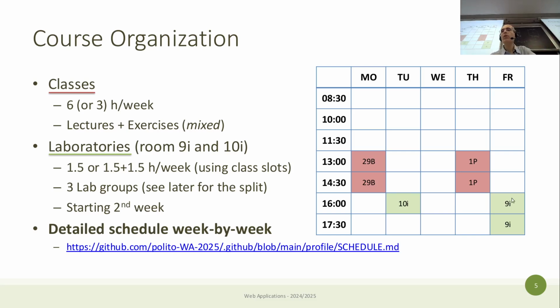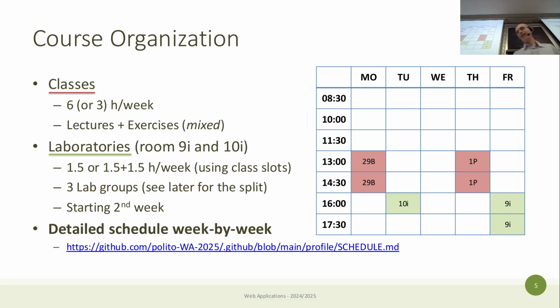We also have slots for labs, these green ones. There are 3 slots, which means that we will have 3 lab groups at least in the beginning, then we will arrange depending on the attendance and so on. I understand that this time slot is not really the best one, but unfortunately, I cannot do anything about this.